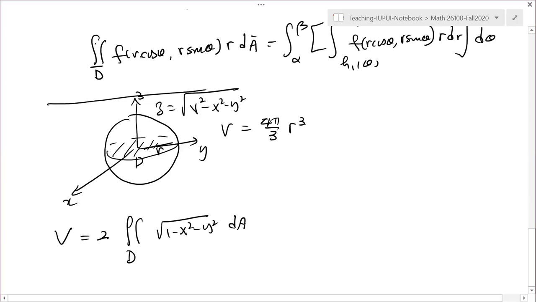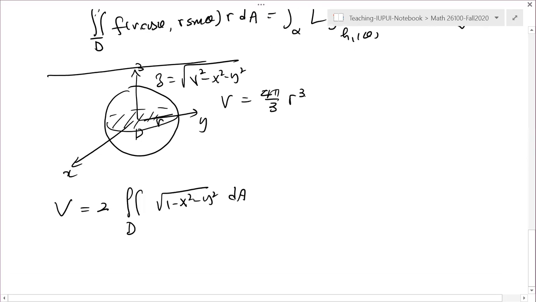Basically, we're going to evaluate this. The double integral of this function is the volume of the region under the graph of that function and above its domain in the xy plane. First, you write that down. The next step is to evaluate this double integral.